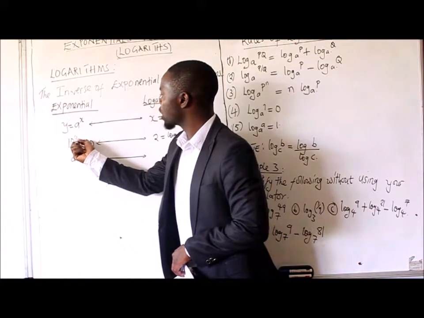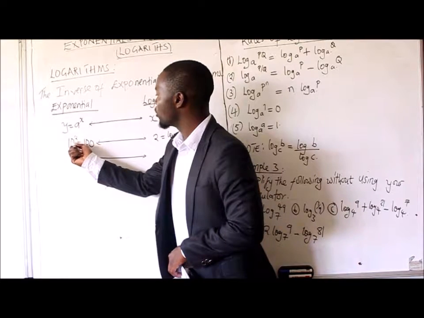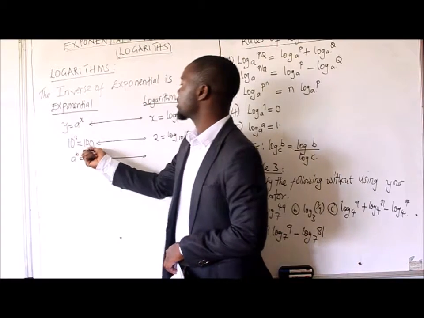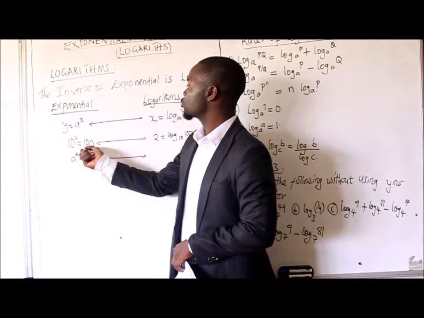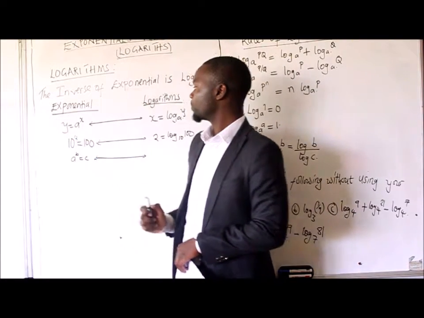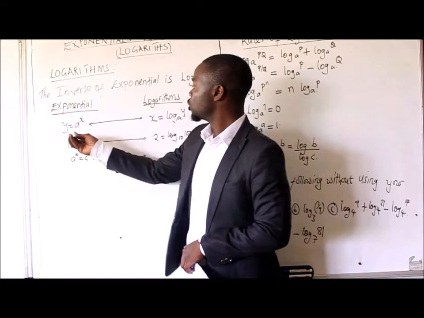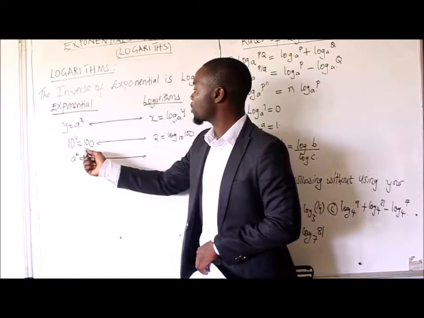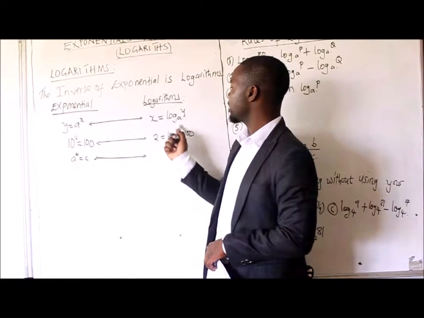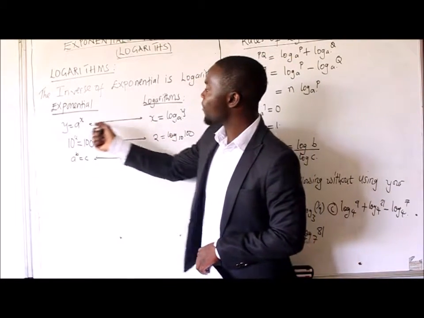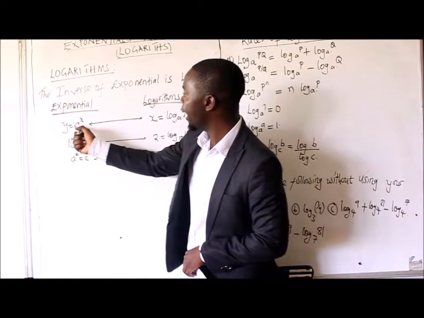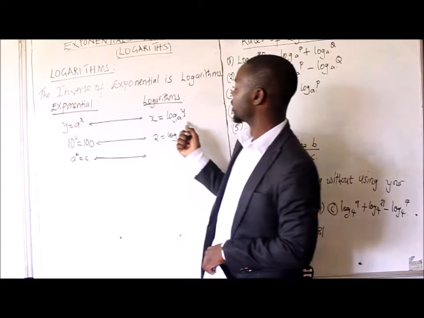When you bring the 2 down here, the 10 comes this side and becomes the base. Then you introduce a log. So 2 came down, 10 became the base, and you introduce a log. The same as here: x came down, a went to the base side, and you introduce a log.